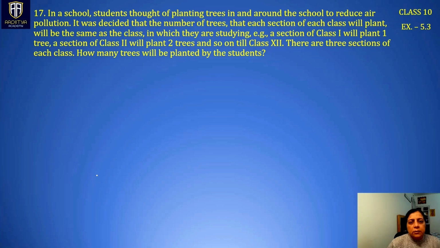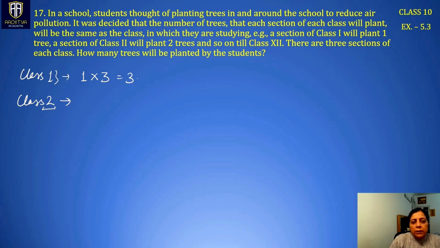Right? So consider from the beginning. Every class has got 3 sections. If we start with class 1, each section will plant 1 tree. And since this has got 3 sections, the total trees planted by the class 1 students will be 3. Now class 2 has got 3 sections.